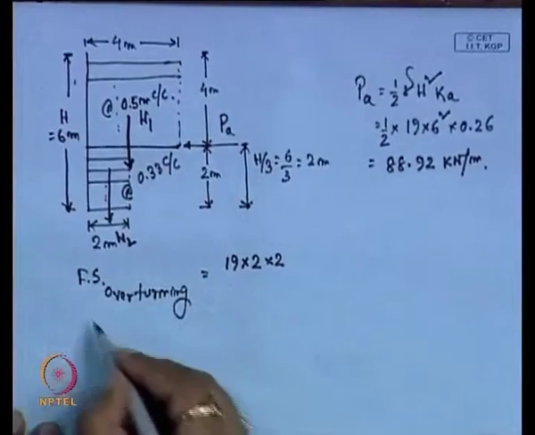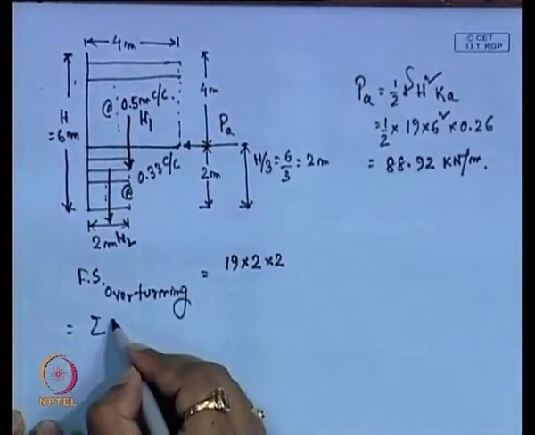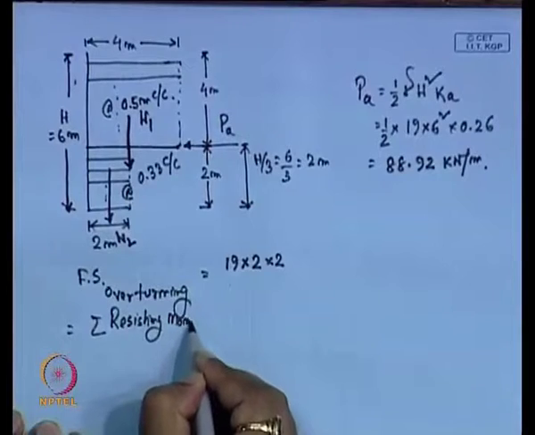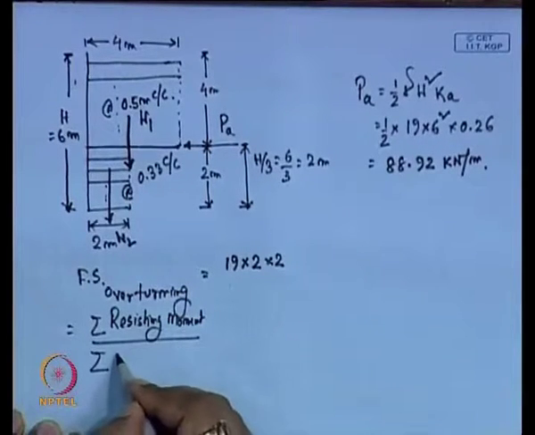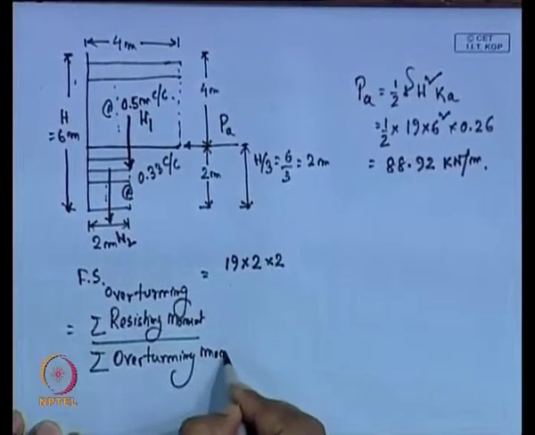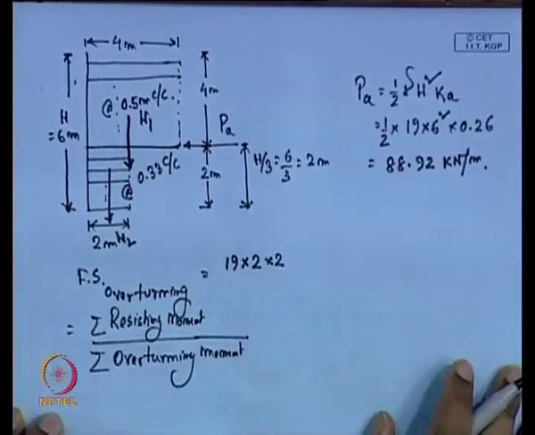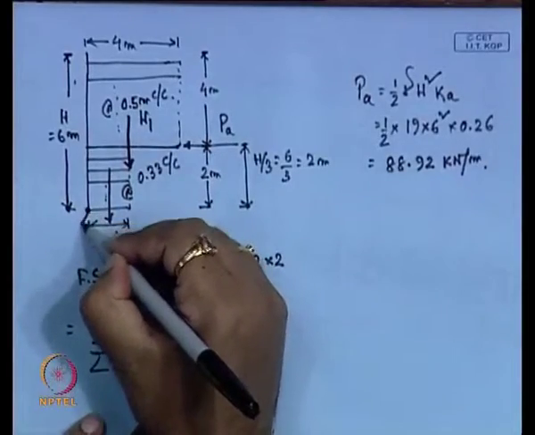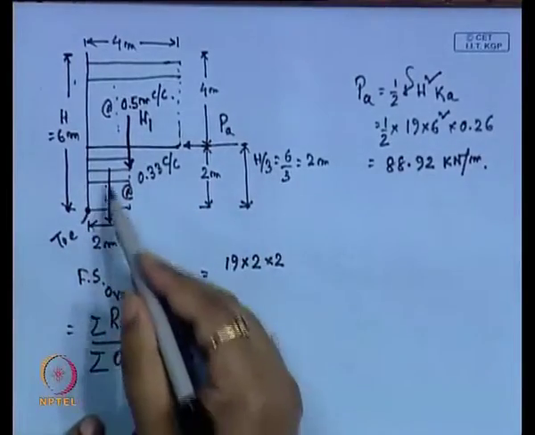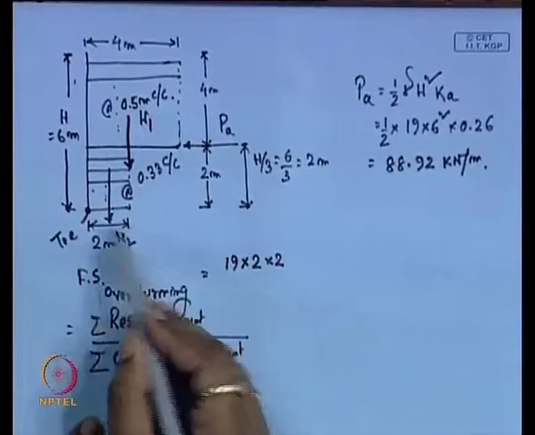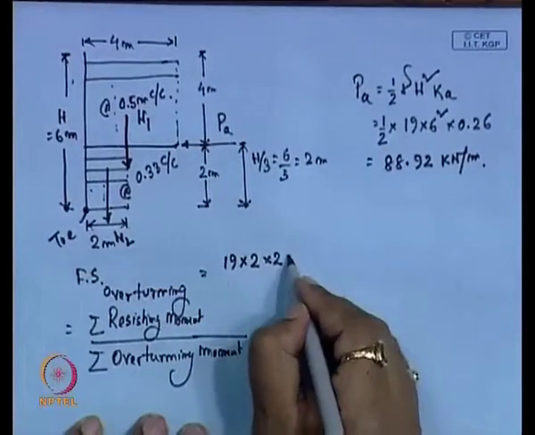Overturning factor of safety is the summation of resisting moment divided by the summation of overturning or driving moment. Taking the moment with respect to the toe, W2 is acting at a distance of 1 meter from the toe, because this is 2 meter, so the lever arm is 1.